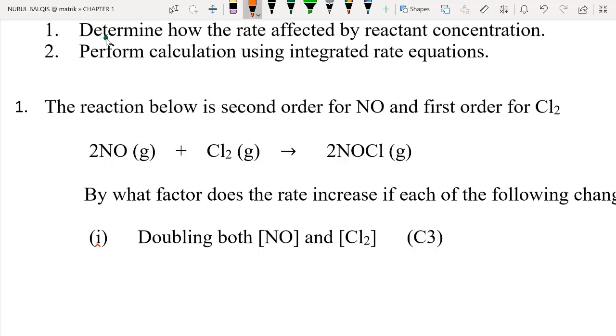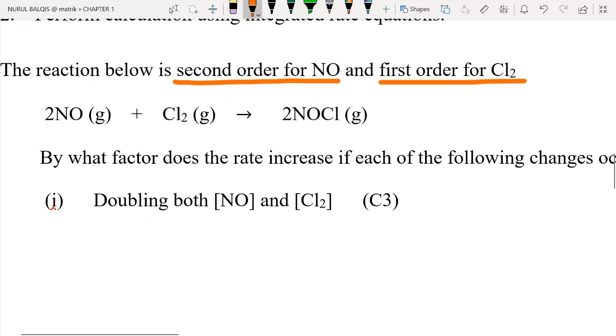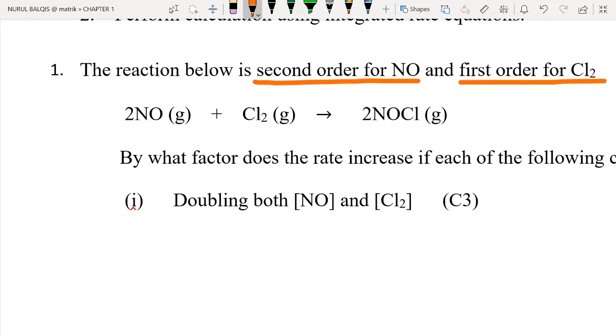This is the most essential information since we're going to write the rate law. So NO is second order and Cl2 is first order, so the overall order of reaction is 2 plus 1, which is 3. In your syllabus, you only learn 0, 1 and 2, but the overall order can be more than that.